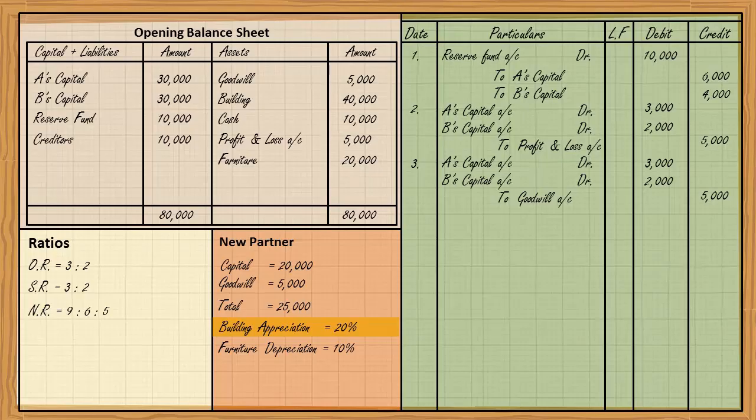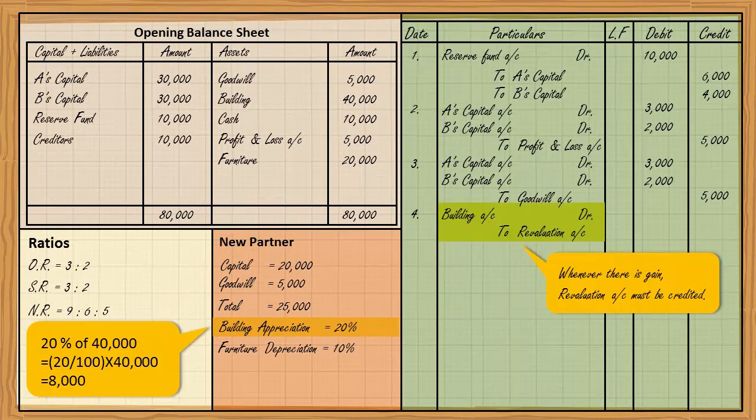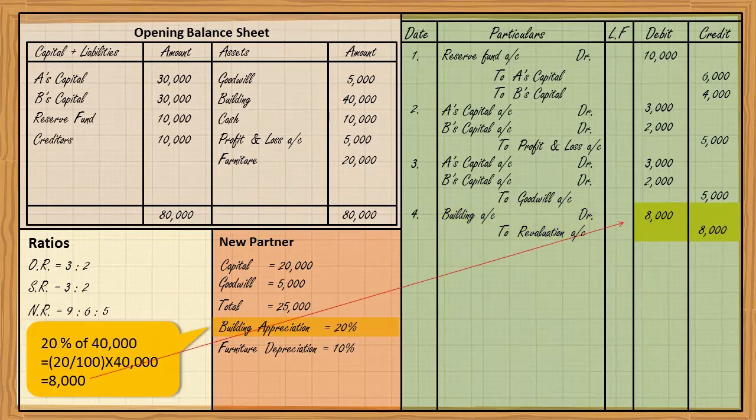Building has been appreciated. So when asset is appreciated, it means we want to increase the value of the assets in the balance sheet. It's a gain. So whenever there is gain, revaluation account must be credited. So the journal entry will be building account debit to revaluation account rupees 8,000.